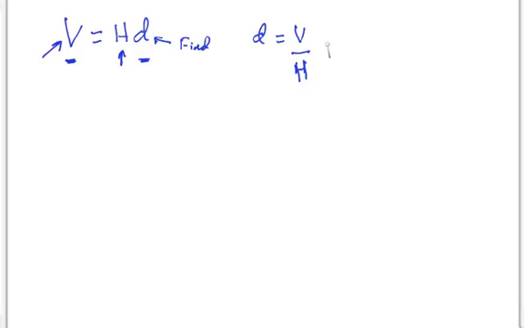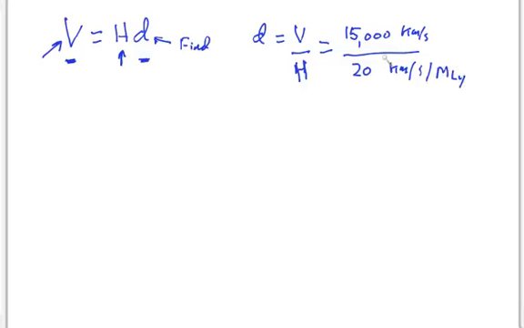So let's see how we're going to do this. We're going to put in the velocity, 15,000 kilometers per second. It's important that we pay attention to the units so we don't make a mistake in this. We're going to assume that H is 20 kilometers per second per million light years.